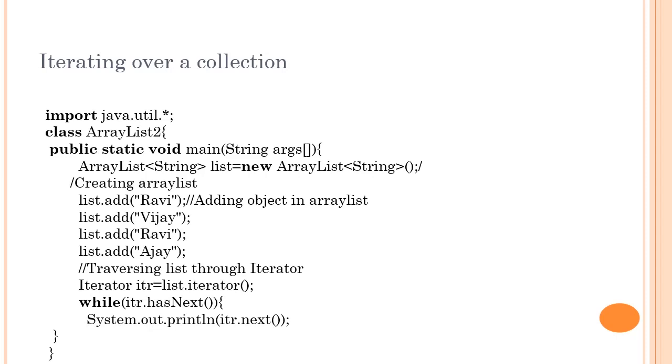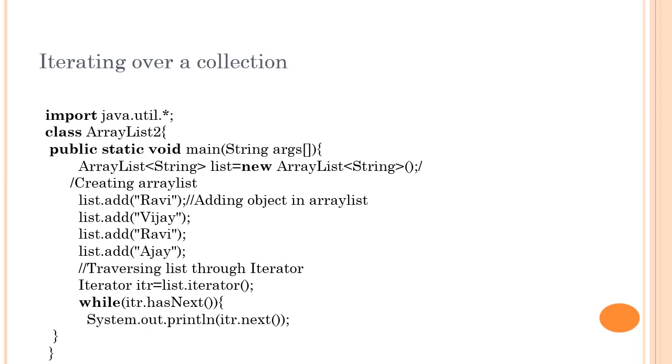To iterate over an array list or any other collection, you can use either the for loop like we have done in the previous slides, or we can also use the Iterator class.